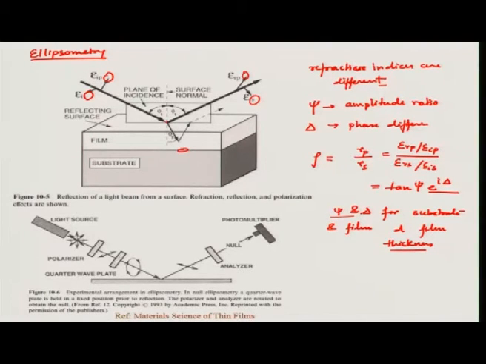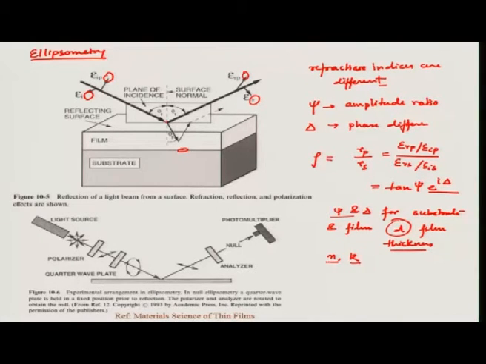You will observe psi and delta, and based on various parameters which are n and k. n is the refractive index and k is the extinction coefficient of that material, which means how much of the light is being absorbed in that material. You will use some models to calculate this film thickness. So, you can calculate both n and k.